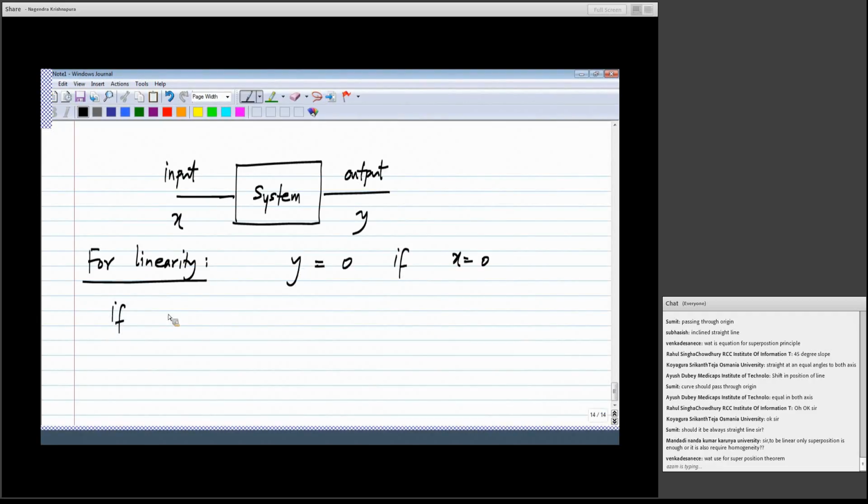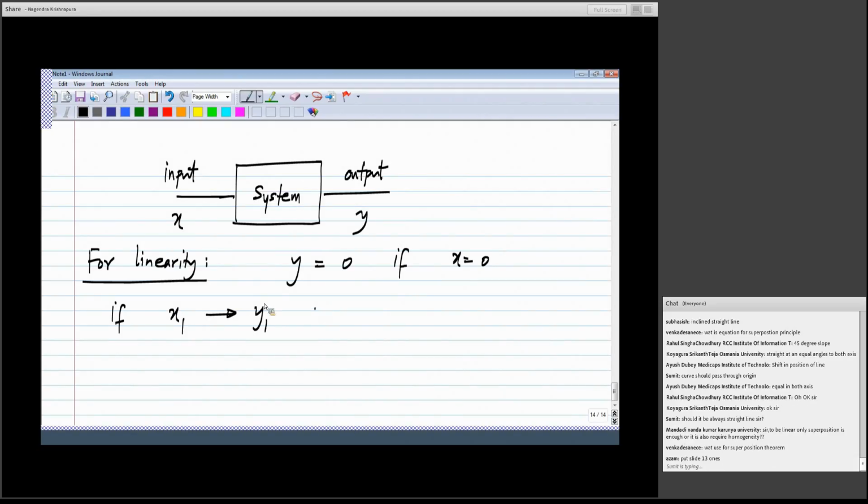Now, if x1 gives you y1, then if it is linear, alpha times x1 will give you alpha times y1.